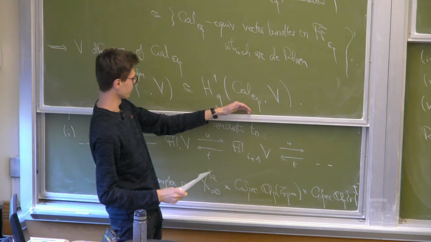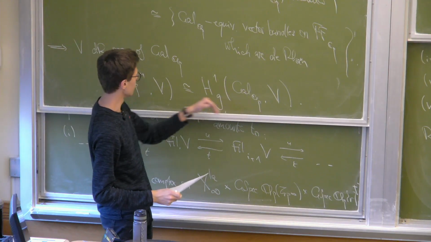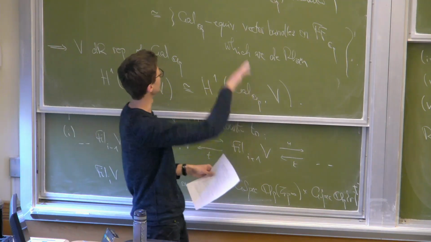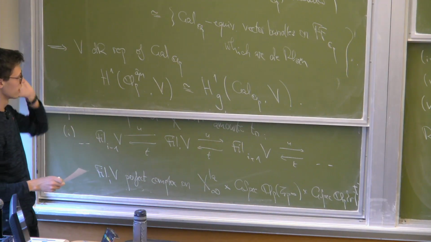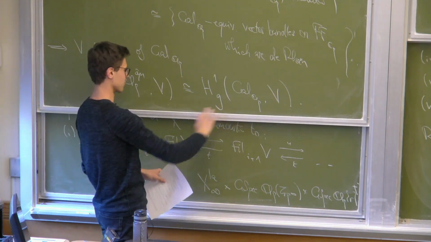Because basically you can compute this Ext group in de Rham representations in terms of filtered phi-N Galois modules. So sorry, just to clarify, H1_g means Ext in de Rham representations. Right, it means Ext in de Rham representations.